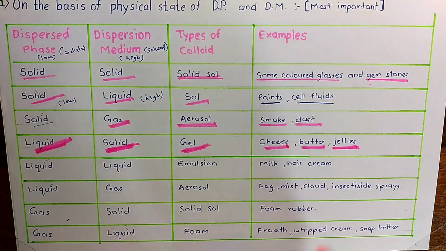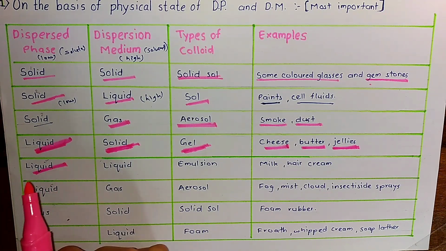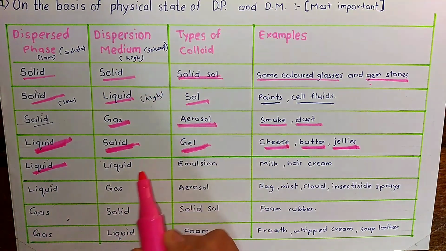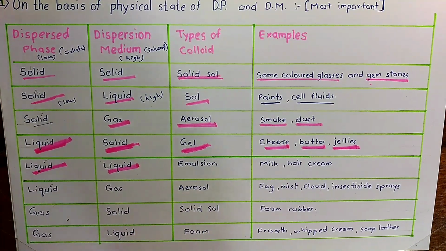The fifth type of colloid is where we have a dispersed phase as a liquid and the dispersion medium is also a liquid, meaning liquid in liquid.